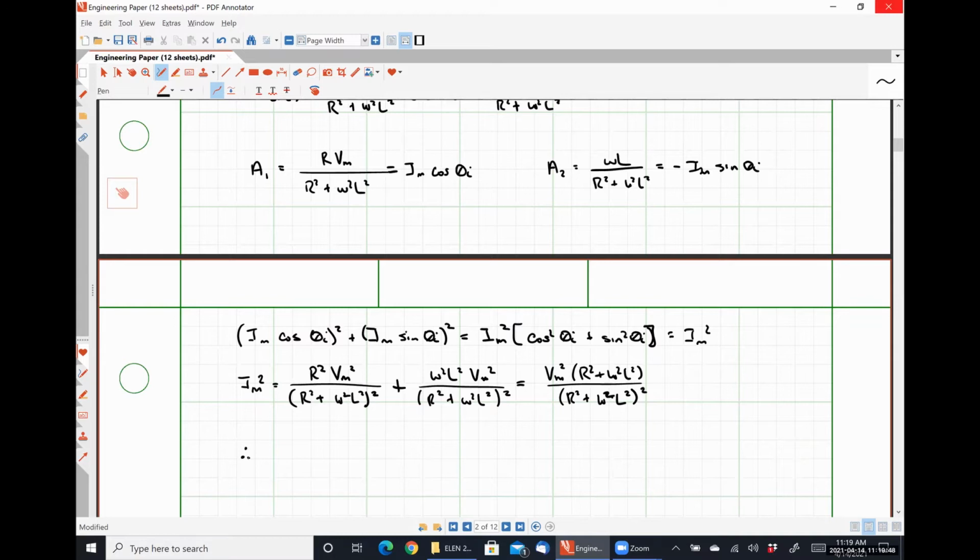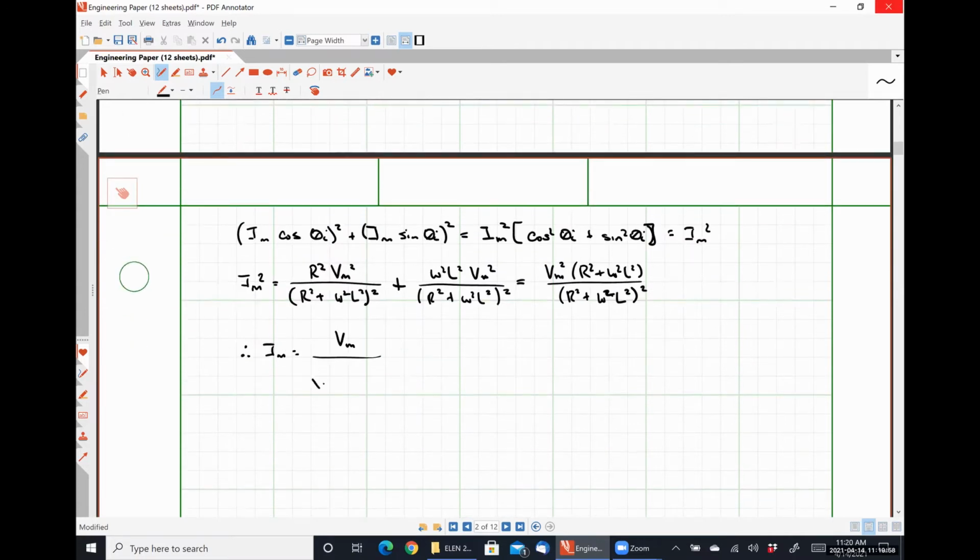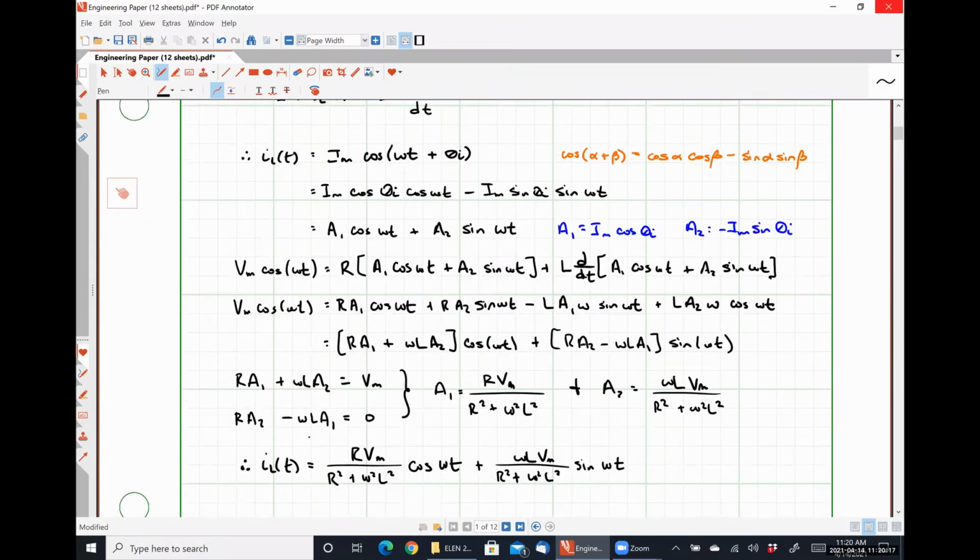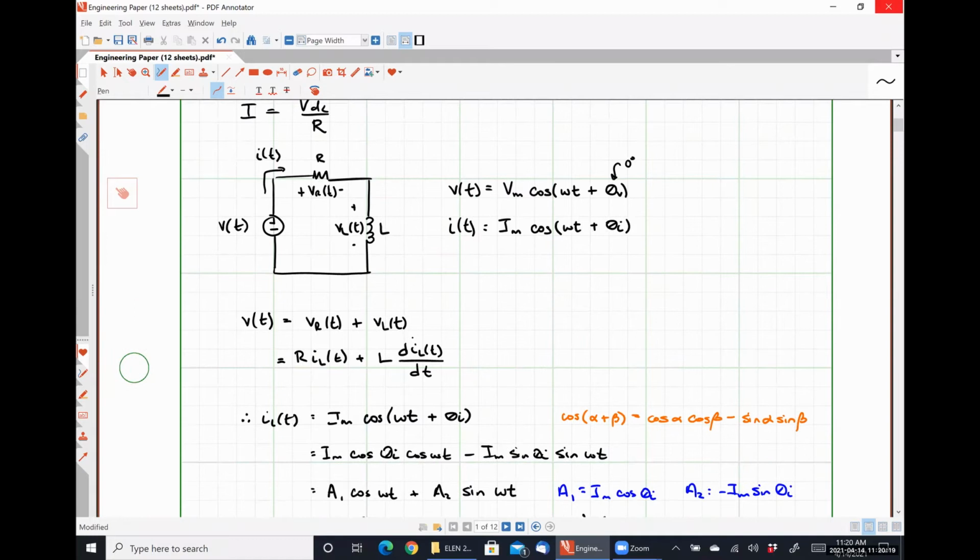And from this, I have Im is equal to Vm divided by the square root of R squared plus omega squared L squared. So I now have an expression for the magnitude of my current in terms of all of my different circuit parameters. So what I'm left with now is figuring out how to get this guy theta I.